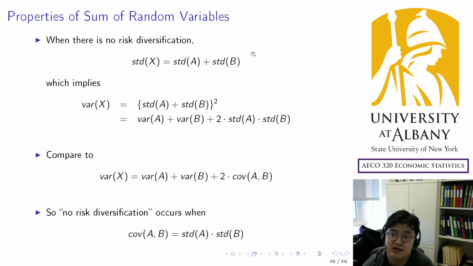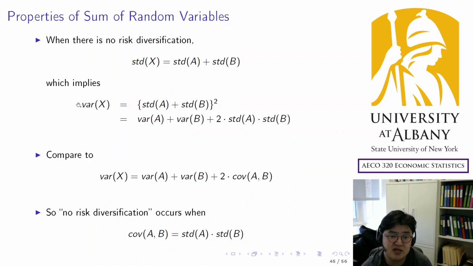When does it happen? That's our question. So if this is true, if we square both sides, variance of x can be written in this way, right? So expand it, then you are going to get variance of A plus variance of B plus 2 times something, right? Cross product term. And this is what we get from our assumption.